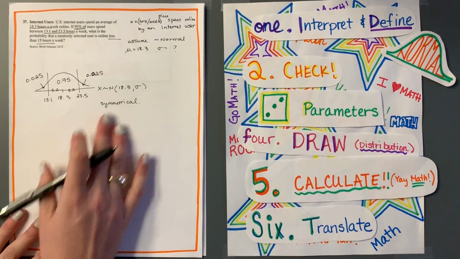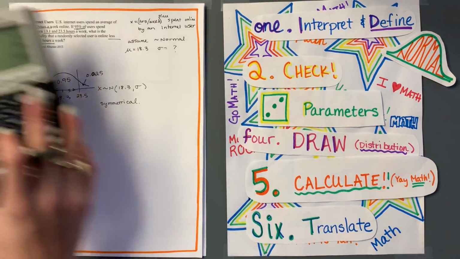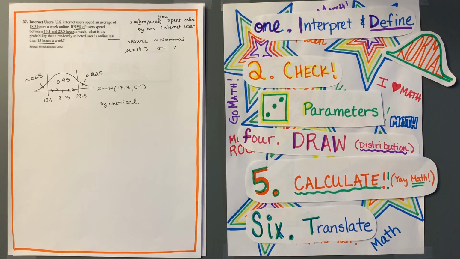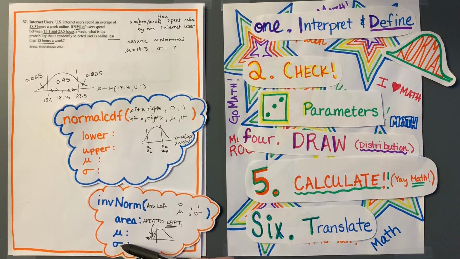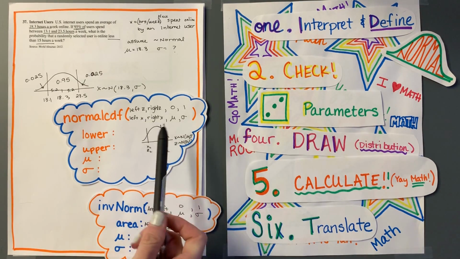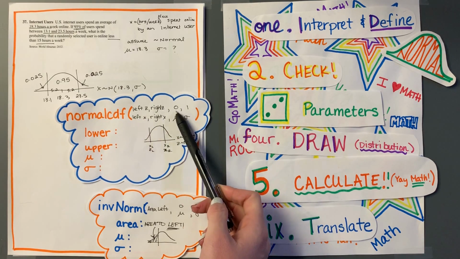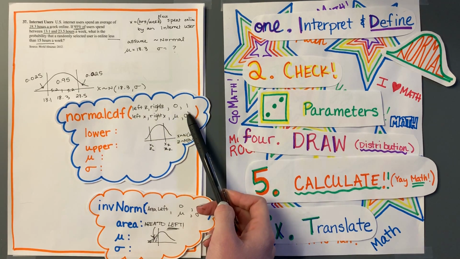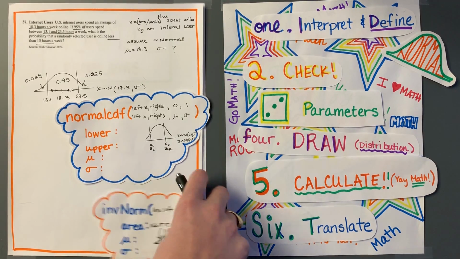Yay. So this is helpful, but I can't really do anything with my calculator yet because both my normal CDF and my inverse norm require me to have a sigma. But I notice that if I'm using z-scores, my standard deviation is 1. My mean is 0, standard deviation is 1.